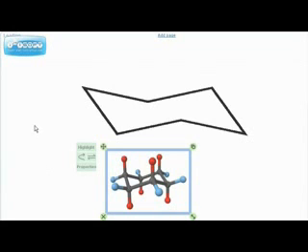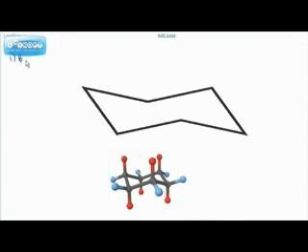So to do a quick recap, what do we know? Well, we know that substituted cyclohexanes will always look to put the bigger substituents on the equatorial position. So bigger favors equatorial.